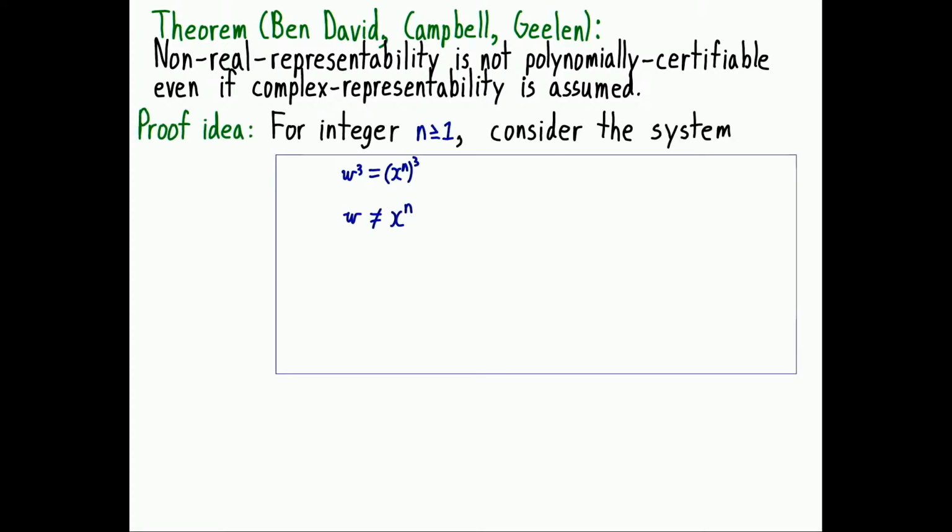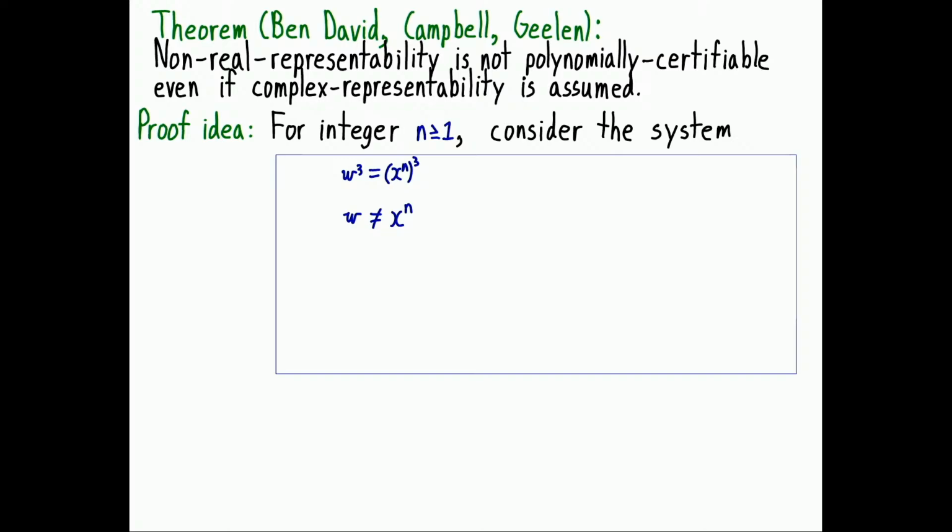So for an integer n, into the system, we have w and x to n as two different values, but their cubes are the same. So we have two distinct cube roots, which is impossible over the reals. Cube roots are unique in the reals.